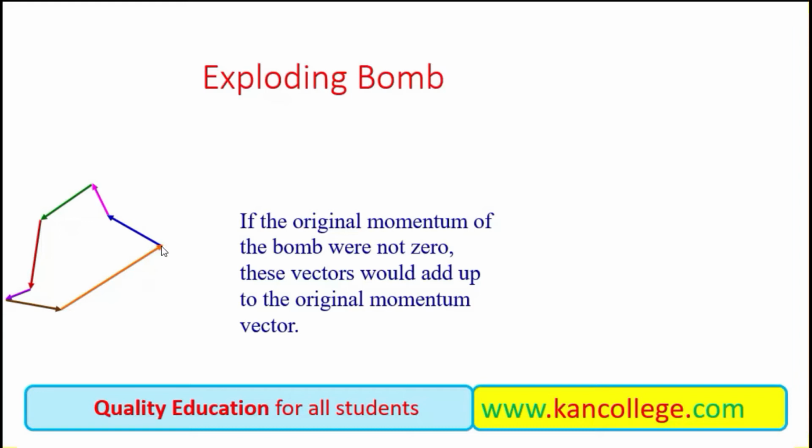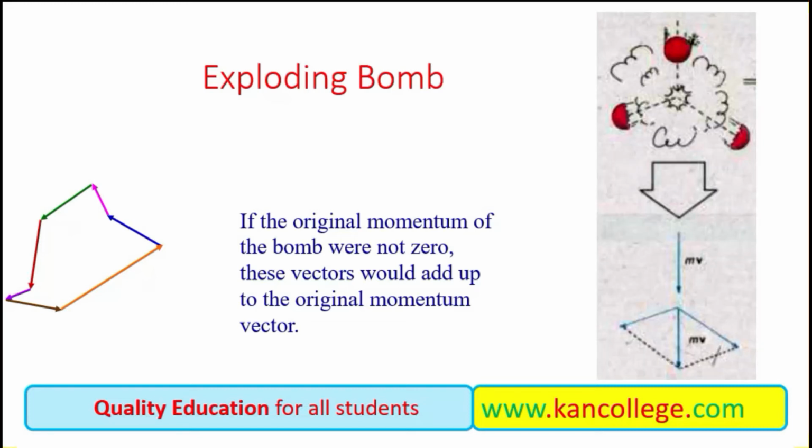So the net result is 0. The vector sum of the momenta of the exploded parts of the bomb will be equal to 0.